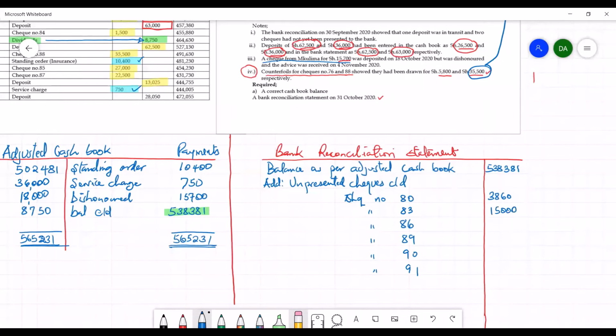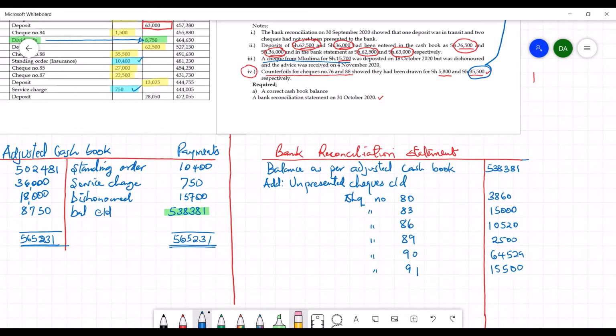Followed by check number 86, which is 10,520. Followed by check number 89, which is 2,500. Followed by check number 90, which is 64,529. Followed by check number 91, which is 15,500.